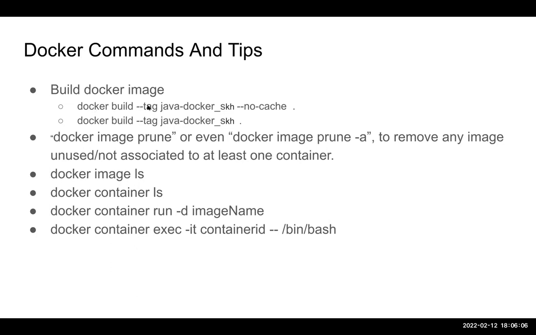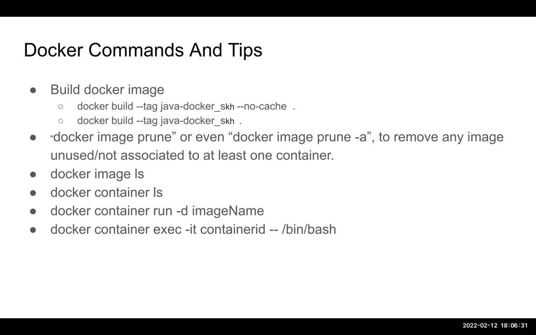One thing is, you can use docker build --tag, and you can give no cache. So no cache is, whatever it had previously built, it maintains in the cache. As I said, images are in layers. And whatever commands you are giving in your Docker file, they are building the layers. So let's say you change your Docker file and you keep everything same, only the last 2 commands you change.